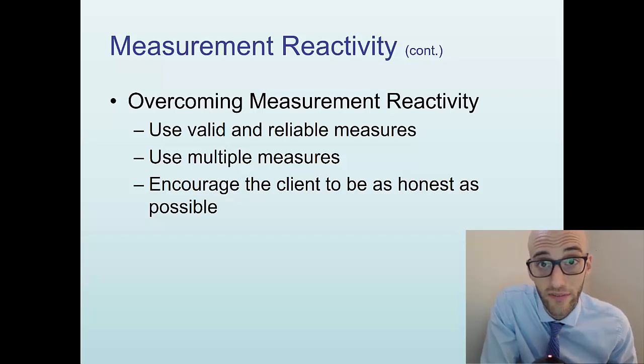Also use multiple measures. If you're relying on just one measure, it's going to be a lot more susceptible to measurement reactivity. So it's better to use multiple measures and verify sources, and that's going to give you more accurate, valid results. And also just encourage the client to be as honest as possible.